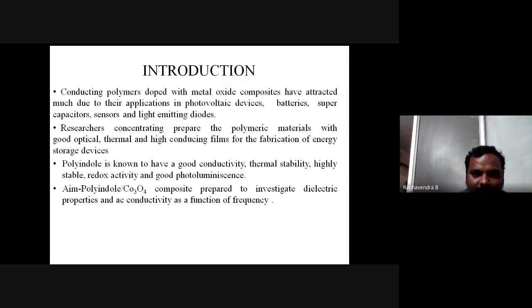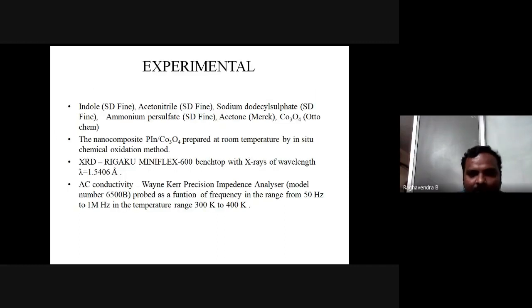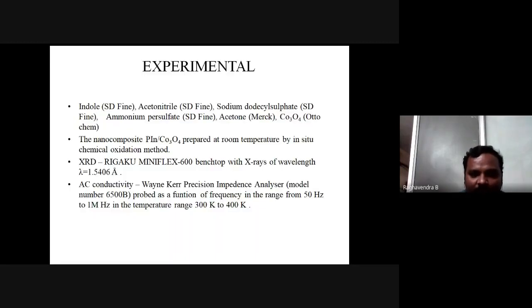So in this work, my aim is to study the dielectric properties and AC conductivity as a function of frequency. I have synthesized the polyindole by chemical oxidation method, and I have synthesized the polyindole Co3O4 composite by in situ chemical oxidation method, with variation of Co3O4 content, like 10 weight percentage, 20 weight percentage, 30 weight percentage, like that.